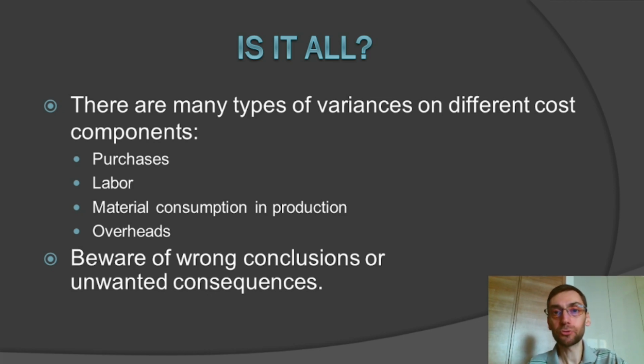And you should really beware of the wrong conclusions or the unwanted consequences. For this, I take a small example. In the example I just did, we say, okay, we buy more. It's a good thing because if we buy by pallet of 10,000, we have a better price. The wrong conclusion would be, okay, I always want to have a positive price variance.